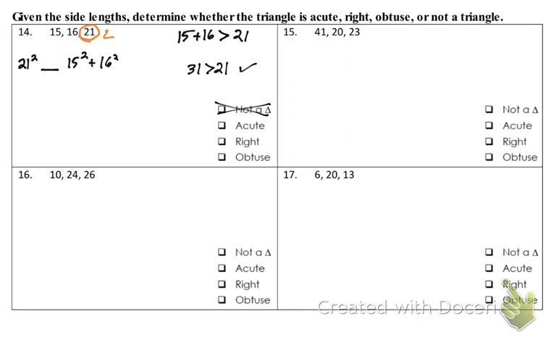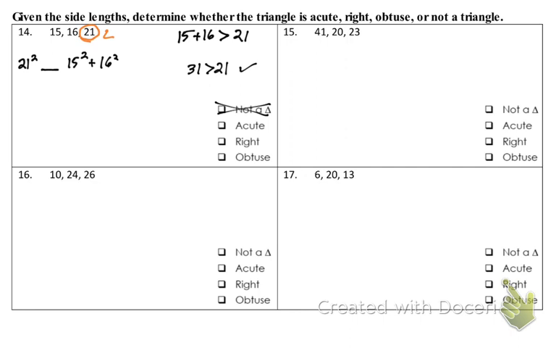If this symbol turns out to be greater than, that means our hypotenuse is too big, so it would be obtuse. If it turns out to be a less than sign, then we would have an acute because that means our potential hypotenuse is too small to be a hypotenuse, so it makes it acute.